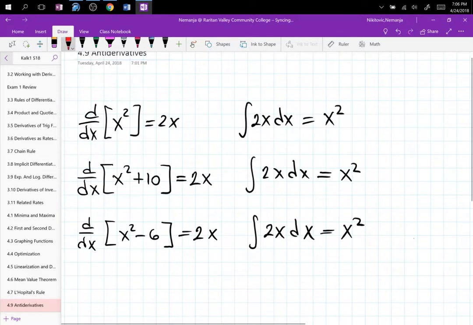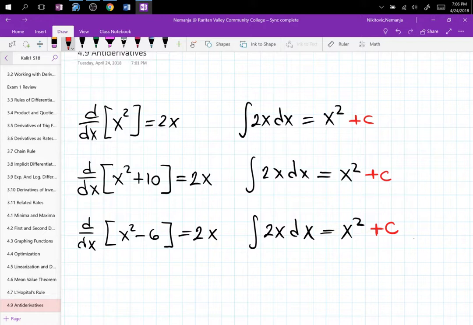This is the reason why we put plus c every time we integrate. It's not there for decoration. This plus c states that there is some unknown constant that could have been there that was completely destroyed by the derivative.